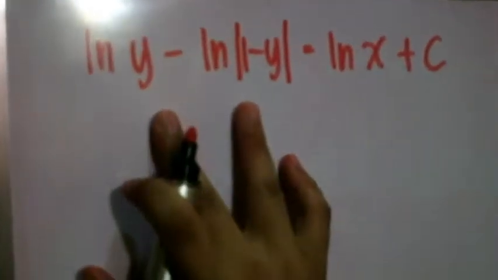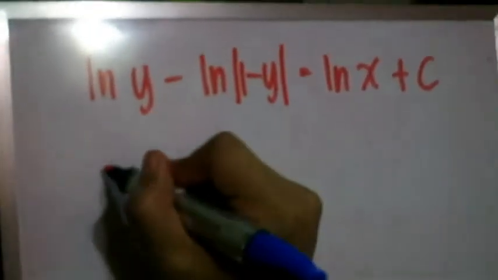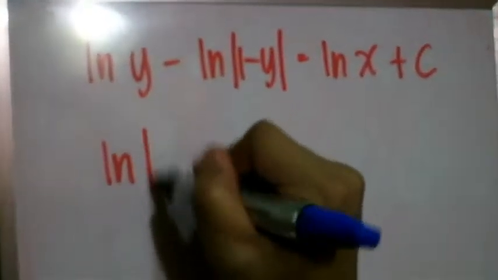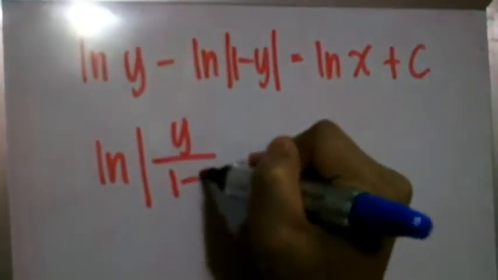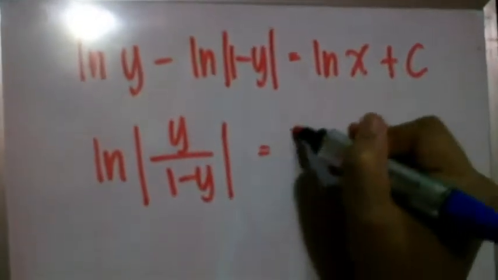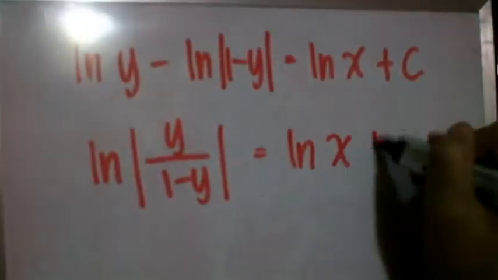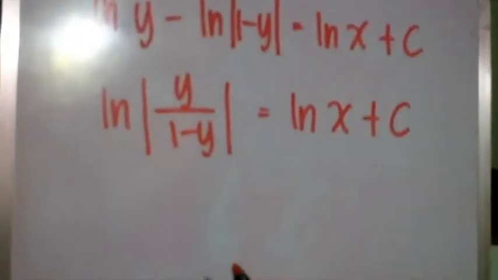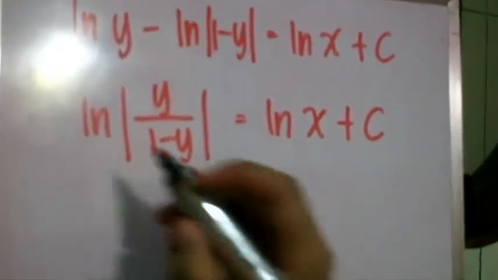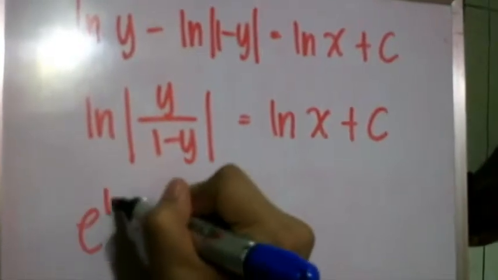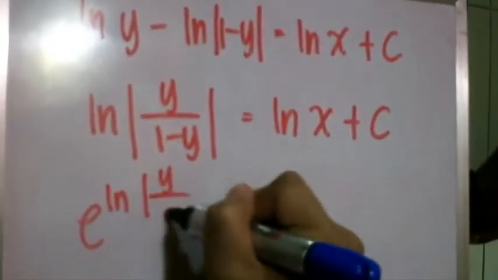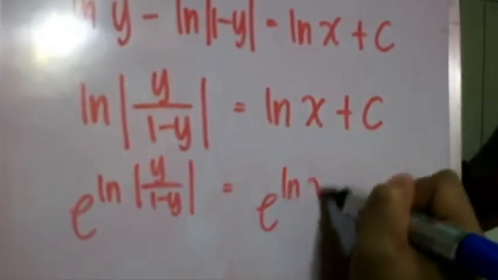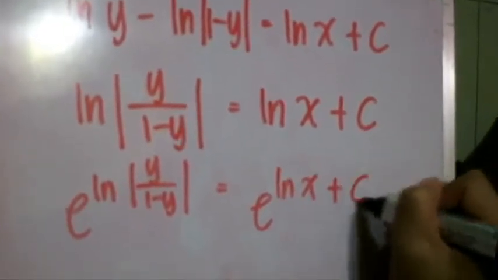Combining these two natural logarithmic equations into ln of y over 1 minus y is equal to ln x plus c. Applying e to both equations, we have e to the ln y over 1 minus y is equal to e to the ln x plus c.